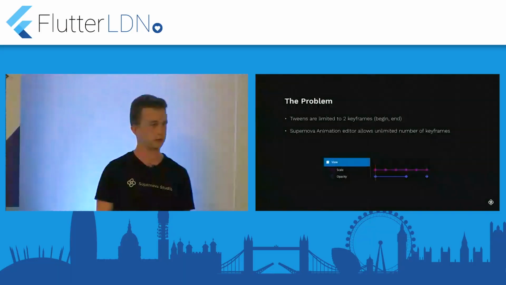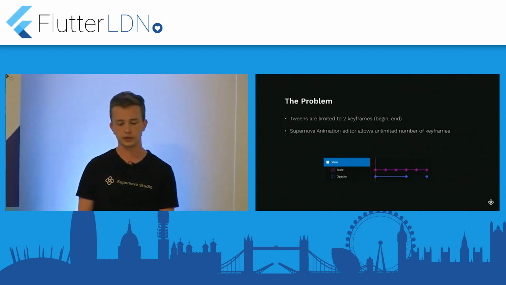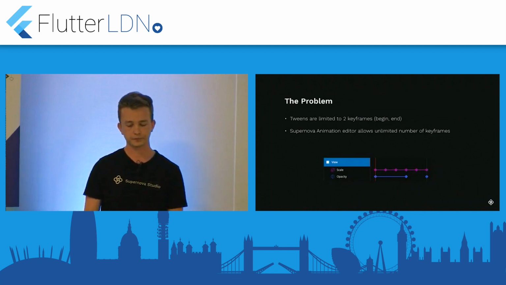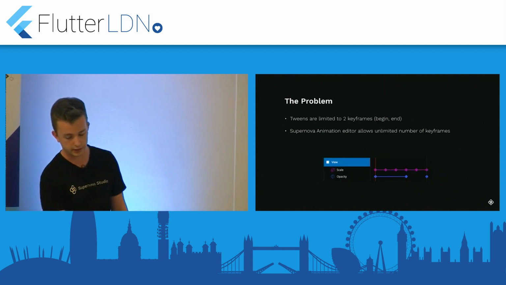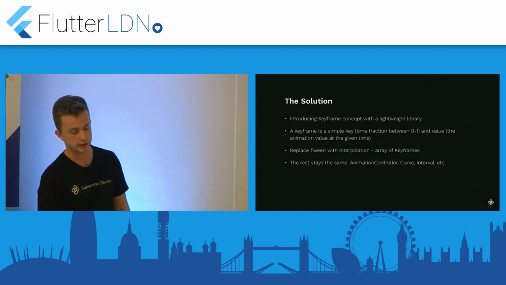You can only define animations with tweens, which are basically a two keyframe object, begin and end. And we had to come up with our own solution to define such complex animations.